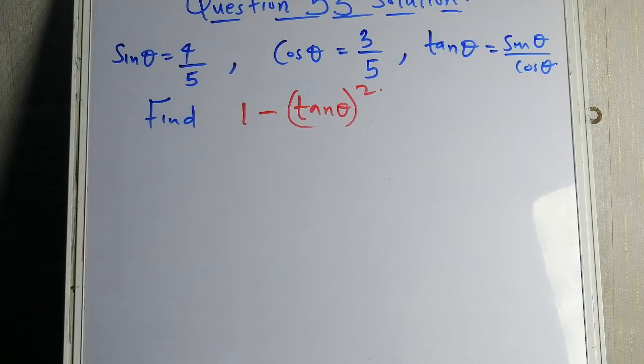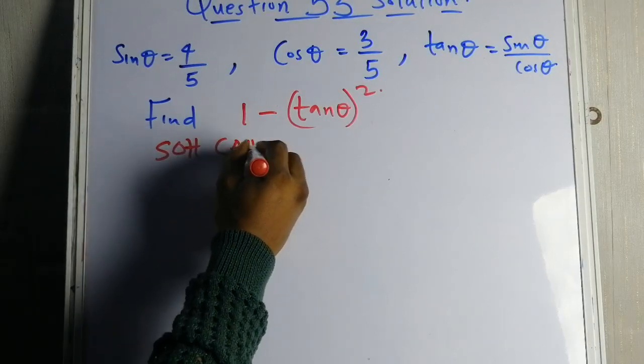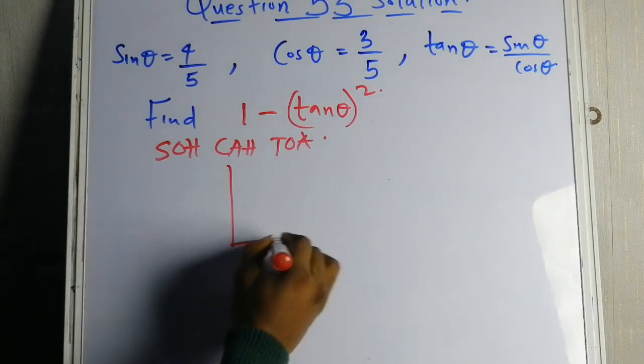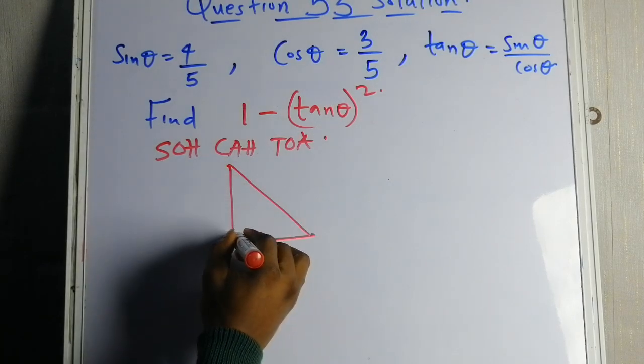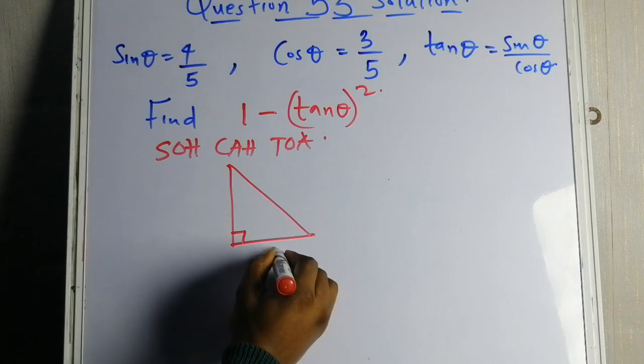Look at this now. Sine theta equals 4 over 5. Don't forget, in trigonometry, I've mentioned SOH CAH TOA, and I said this can only exist in a right angle triangle. If you have your right angle here, this is your y-axis, this is your x-axis.